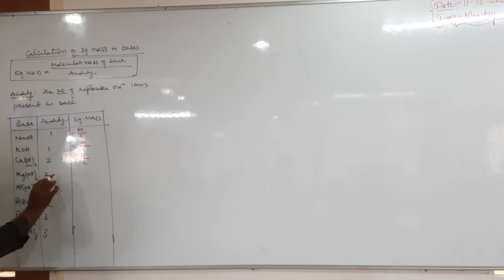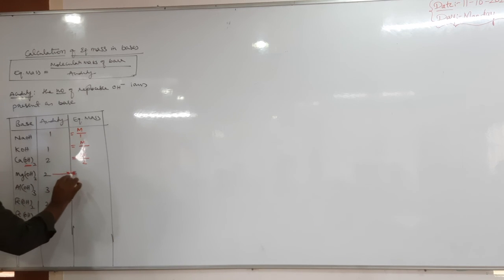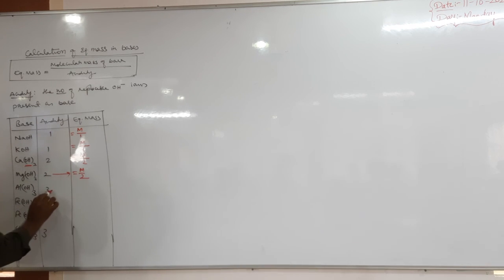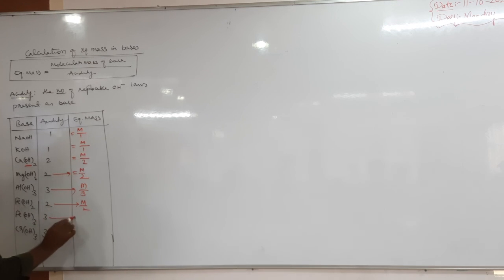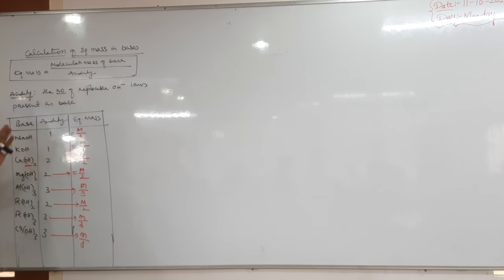So magnesium hydroxide is M by 2, aluminium hydroxide is M by 3. So the number of replaceable OH minus ions is always equal to the number of OH minus present.